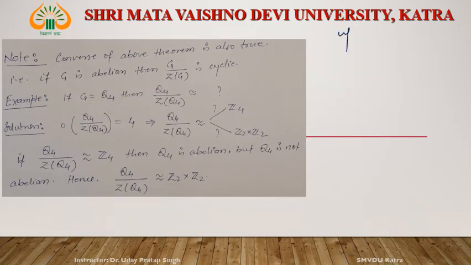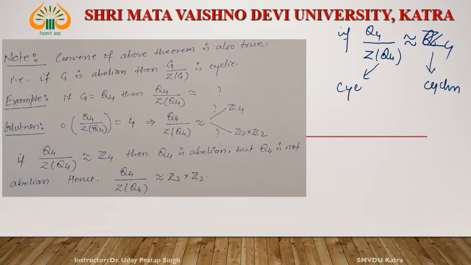Z4 is cyclic, so this is also cyclic. If this is cyclic, then what is Q4? By the above theorem, Q4 is abelian.